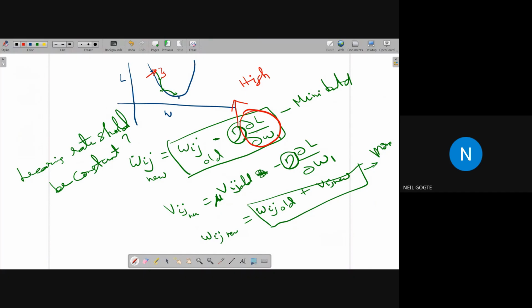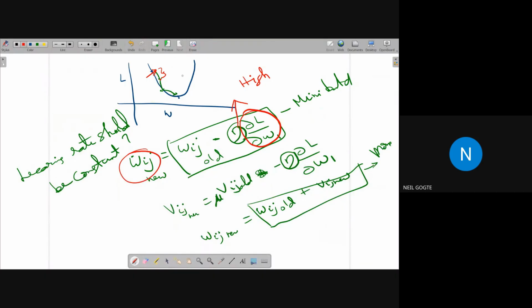The impact of the gradient descent depends on the nu. If this is high, then this value will have more impact. Similarly here also. So this nu or learning rate has impact on the size of the change.